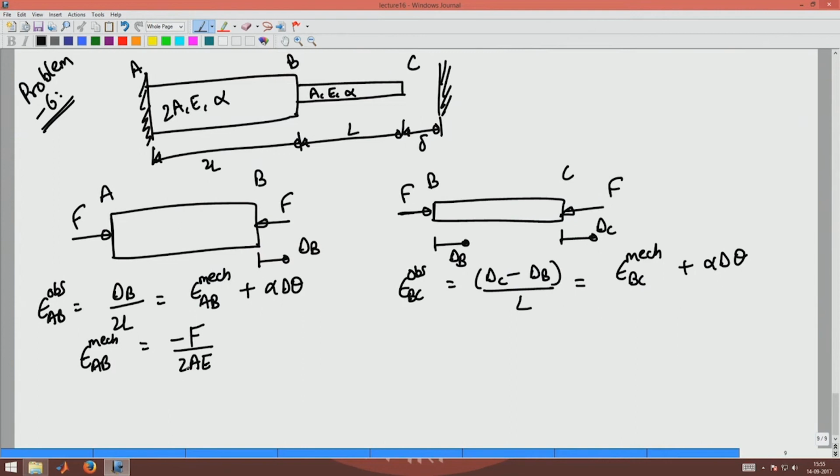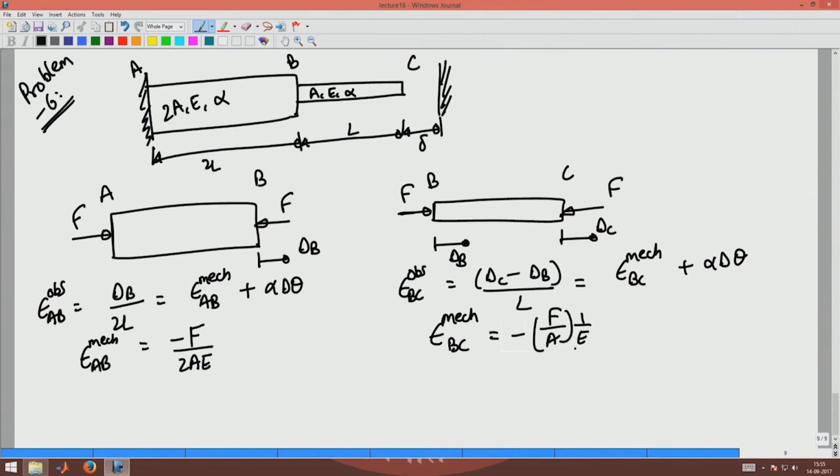F by 2A will be the stress in member AB, and that stress divided by the Young's modulus will give me the strain in member AB. Similarly, the mechanical strain in BC is given by F by A into 1 by E, the stress in member BC divided by the Young's modulus of member BC.